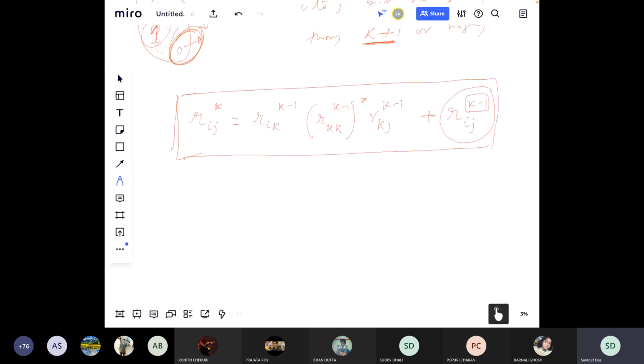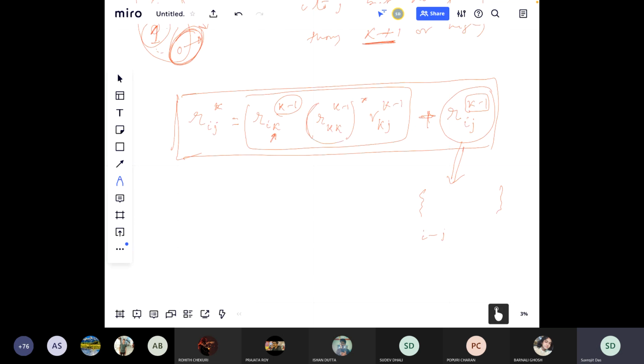That means I have taken care of all strings that take me from I to J going through k minus 2, dot, dot, dot, 0. This or this. That means from I go to k, and from I go to some intermediate states via the highest intermediate state numbered as k minus 1.